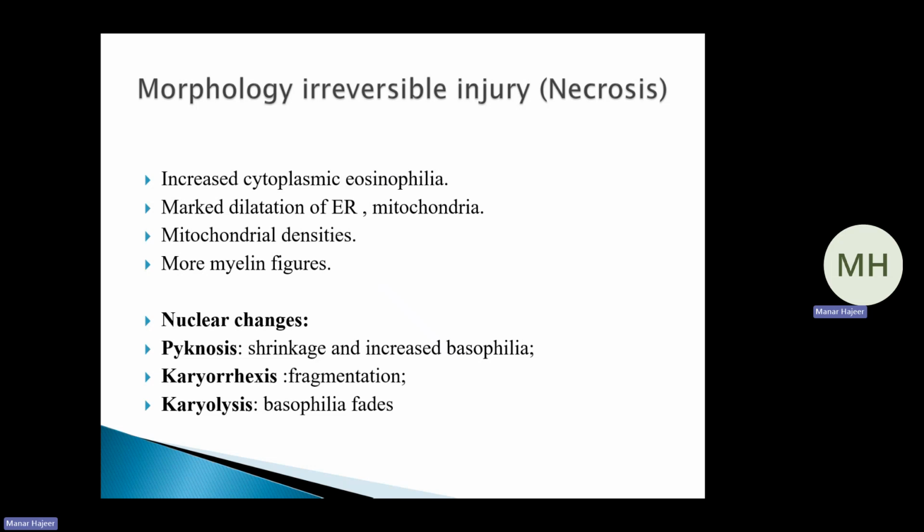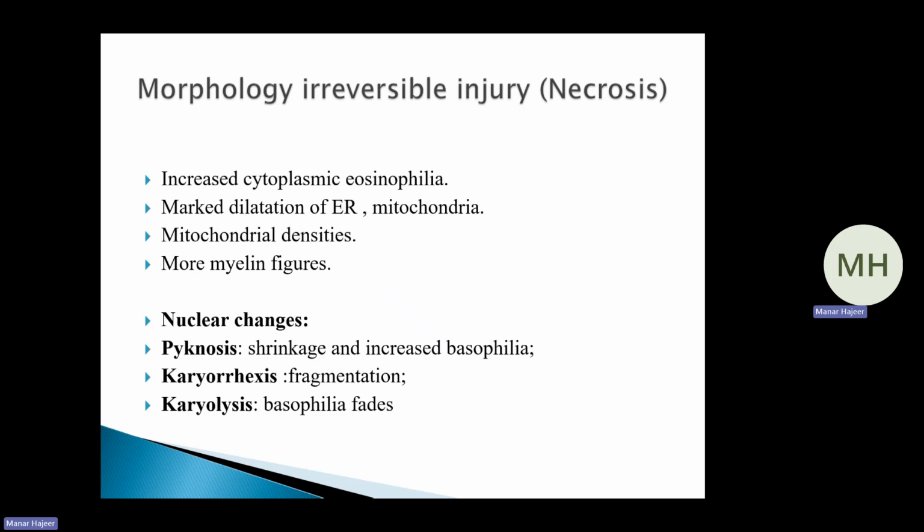Now, what are the nuclear changes that occur in irreversible injury? Because we said the defining features are nuclear damage, which is irreversible. The first is called pycnosis, which means shrinkage and increased basophilia of the nucleus. What does basophilia mean? Basophilia means when you see the nucleus dark blue under the light microscope on the hematoxylin and eosin stain.